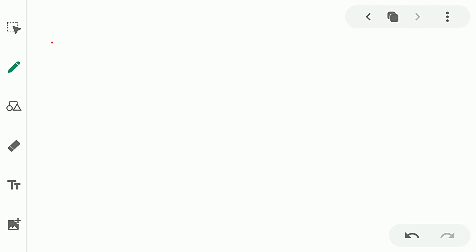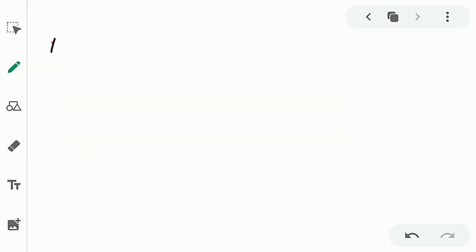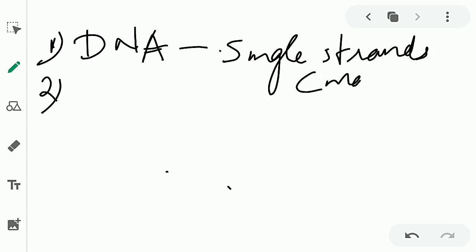At first we require the DNA which is to be sequenced. This DNA should be in single stranded form, and we should have many copies of it.